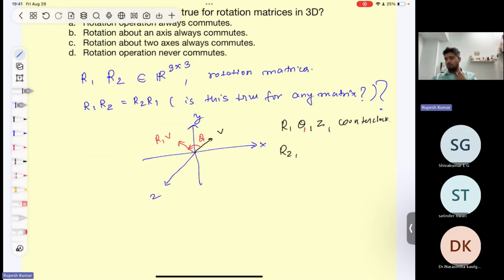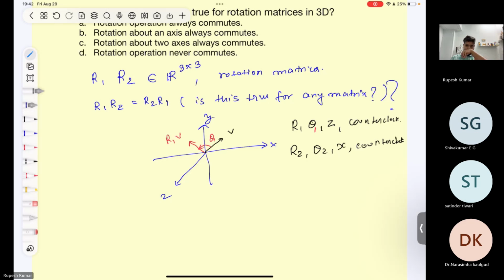Now for rotation 2, you rotate by angle theta 2 about the x-axis in the YZ plane and in the counterclockwise direction again, right? So what will be the counterclockwise direction?